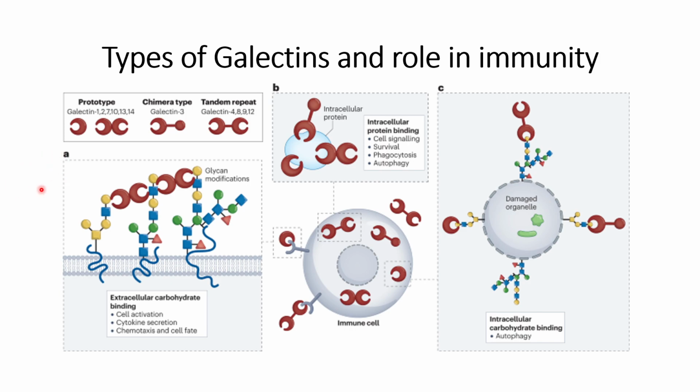Next we will understand how these galectins interact. Galectins can interact with carbohydrates, or we can say glycan structures. In the extracellular matrix, here it is shown for the example of a prototype or dimer type, galectins help in the interaction of carbohydrates that are present on different glycoproteins and then trigger signaling pathways within the cells.